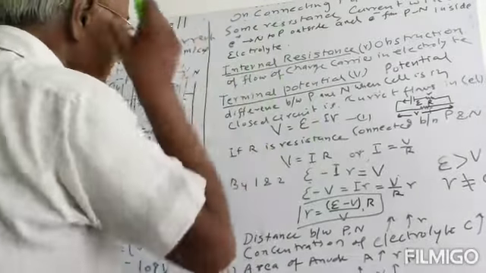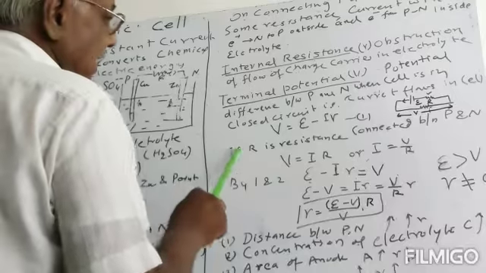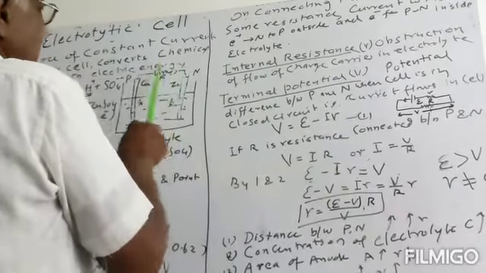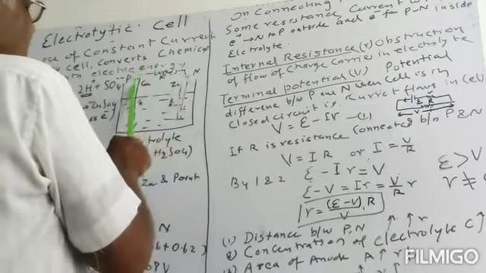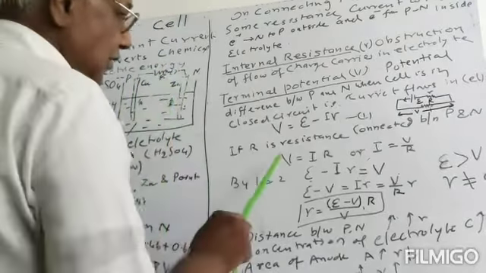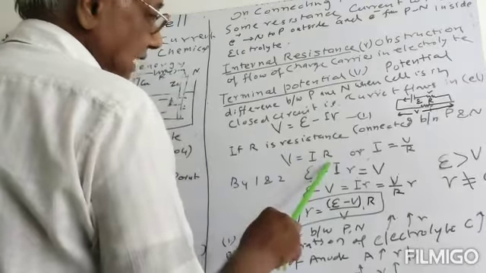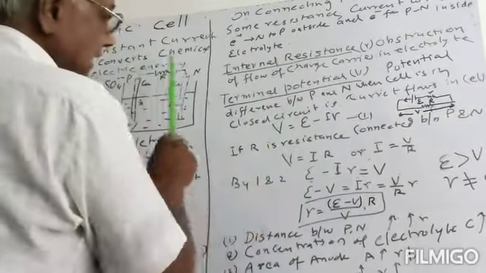So if R is the external resistance connected here, then the current passes through it, and V will be equal to I into R, where capital R is the resistance which is externally connected.